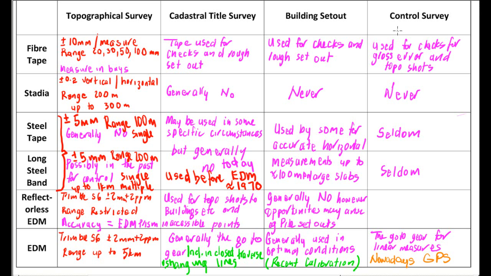Building set out, generally not. However, opportunities can arise where reflectorless is used, and one I can think of is where I was setting out piles.